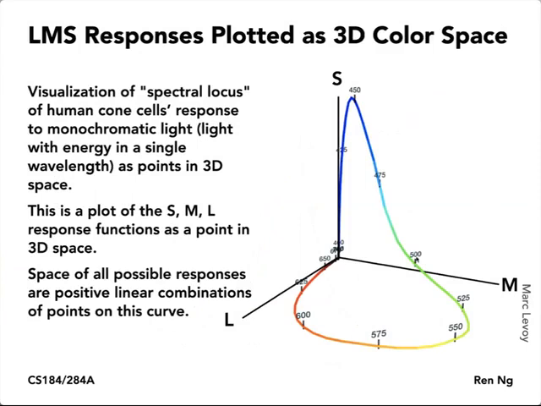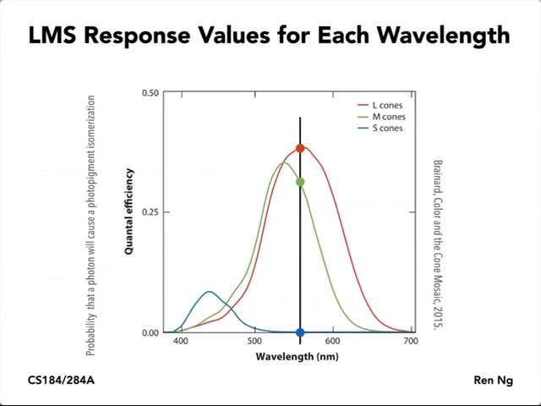Now, one thing to recognize, this is a very particular shape. It's a very famous shape, it turns out, and a very fundamental shape in color science theory. It's also a very deep curve because it's a very human curve, because it comes from the photopigment response functions.